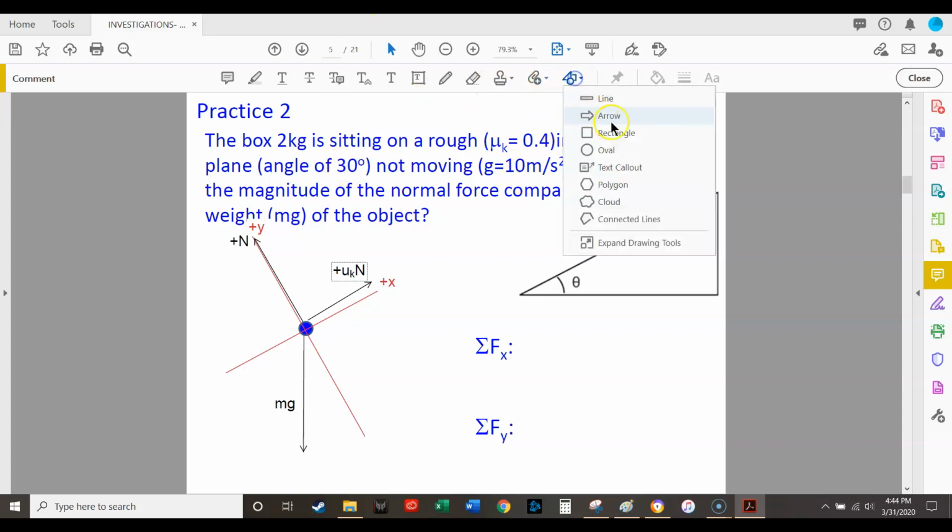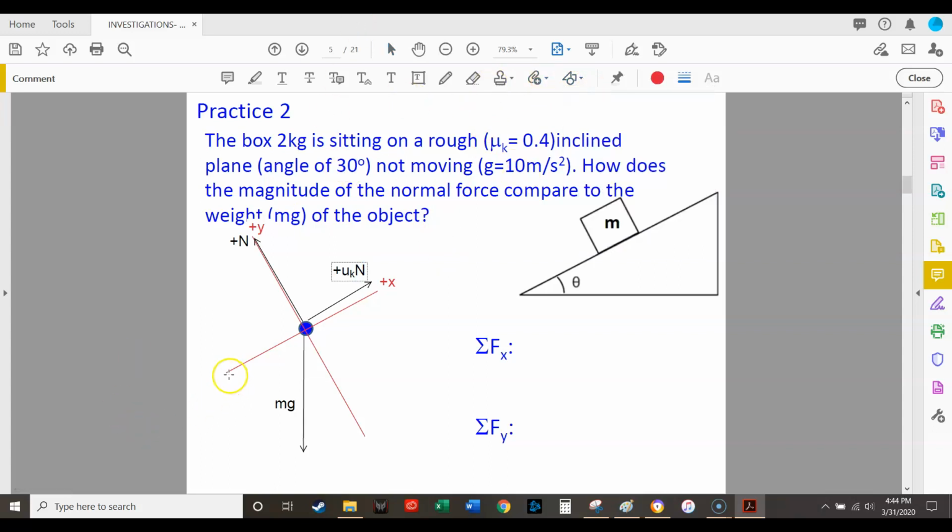I forgot to draw where my 30 degrees is. My theta is 30 degrees.